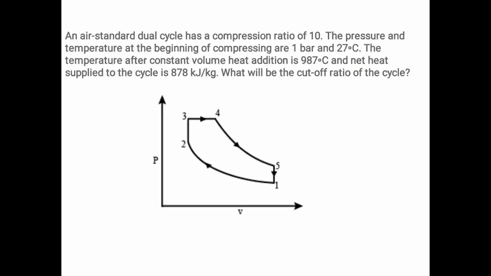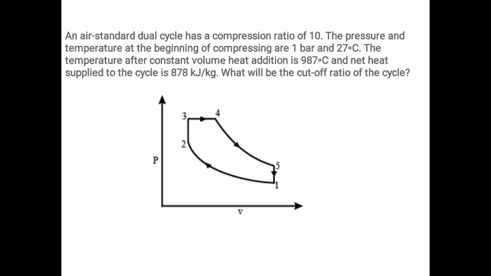Finally we get the efficiency for the dual cycle equal to 1 minus 1 divided by rc the whole raised to gamma minus 1, into alpha rho the whole power gamma minus 1, divided by alpha minus 1 plus gamma into alpha into rho minus 1. This is the dual cycle efficiency.